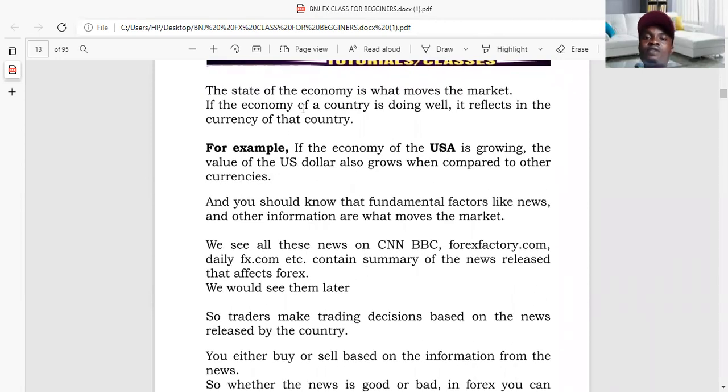And we said the state of the economy is what moves the market. That is in pair currency. But in volatility, it's not the state of the economy that moves the market.